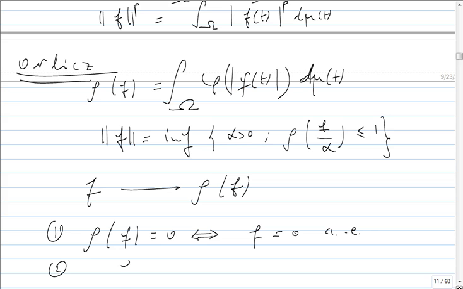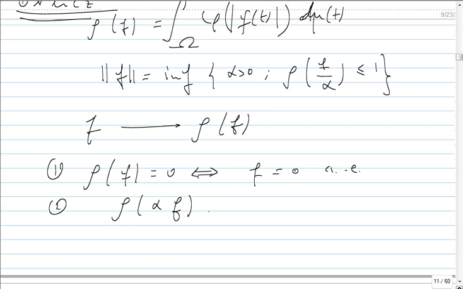Number 2, and this is very important. What is rho of alpha f? Now we have a problem. This is going to be the integral over omega of phi of absolute value of alpha times f of t, d mu of t.